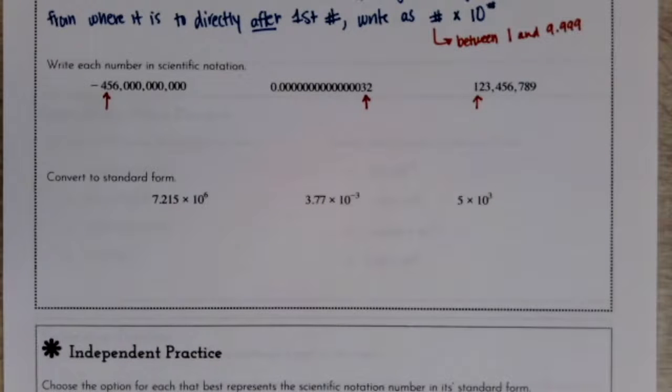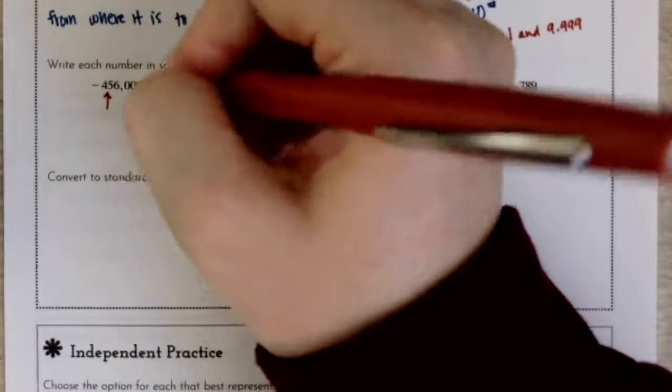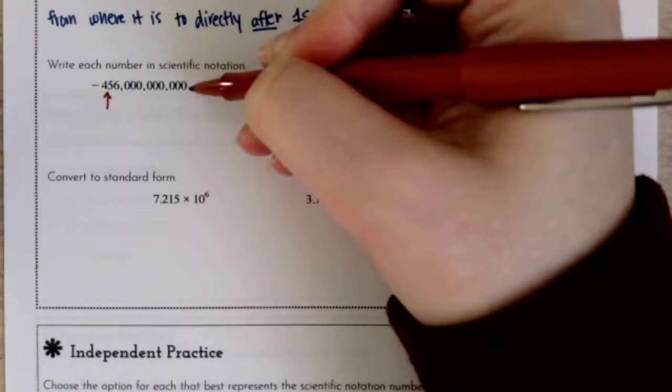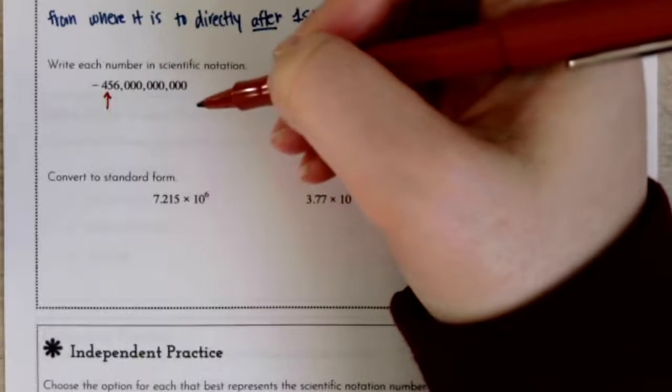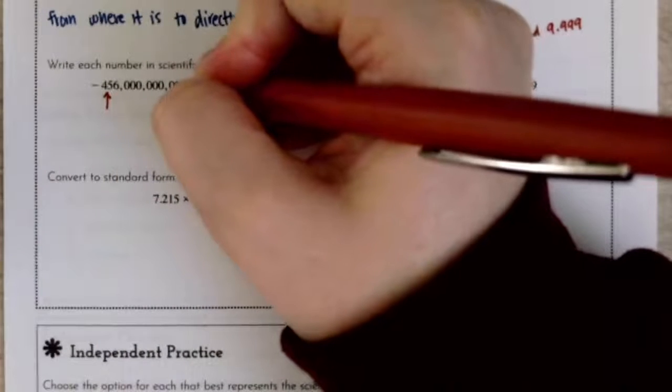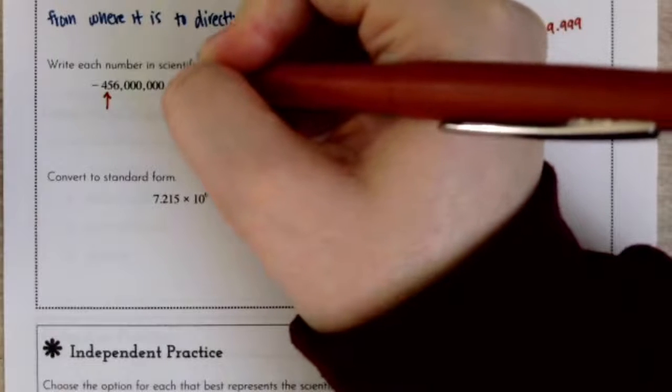Once you know where you want your decimal to be, then you are going to move your decimal from where it is to where you want it to be. For big numbers like this, our decimal is always at the end. It doesn't show up because it's a whole number, so we don't have a decimal. I'm going to draw in this decimal at the end, and then you're going to count scoops.